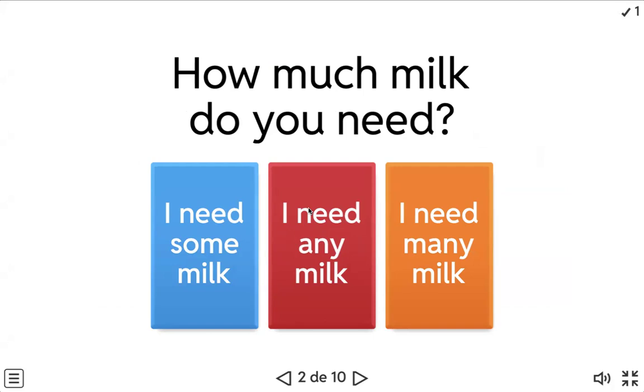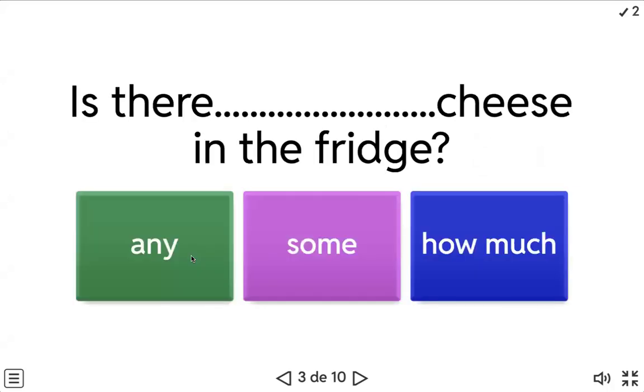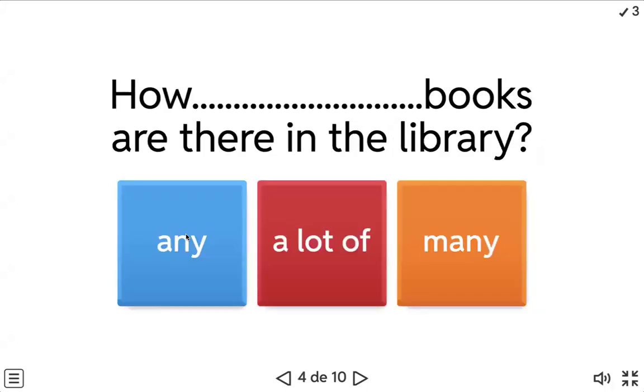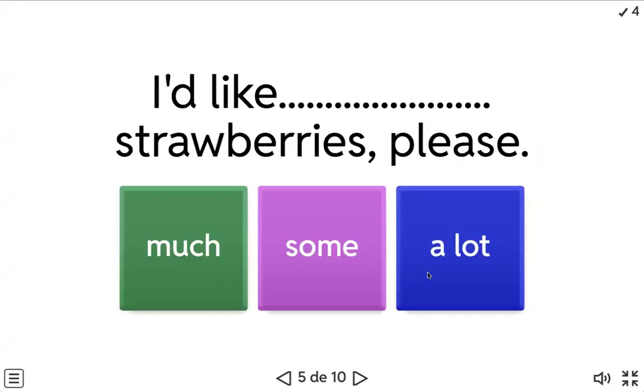I need some milk. Correct. Is there any cheese in the fridge? Correct. How many books are there in the library? Correct. Thank you very much. I'd like what?